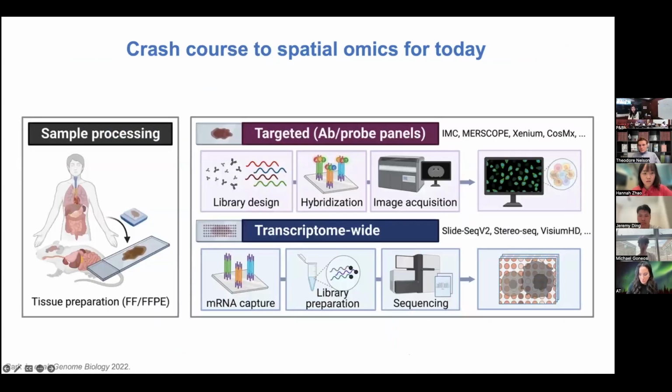With that, even if we just say spatial transcriptomics or spatial proteomics, there are actually, as I mentioned, a lot of different technologies that are out there.